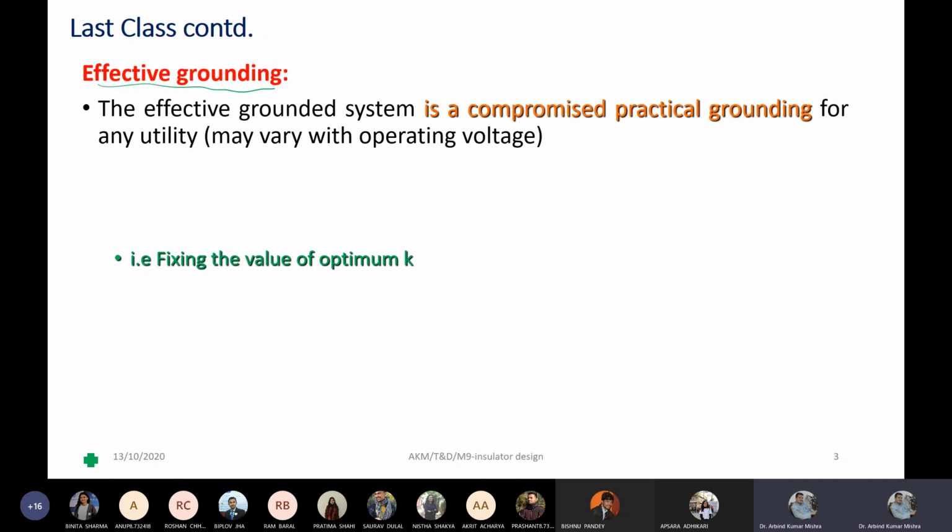The effective grounded system is a compromised practical grounding, because the two extreme conditions I gave in the previous slide are the ideal ones. In the practical case, we have a compromised grounding system where K will be in between.